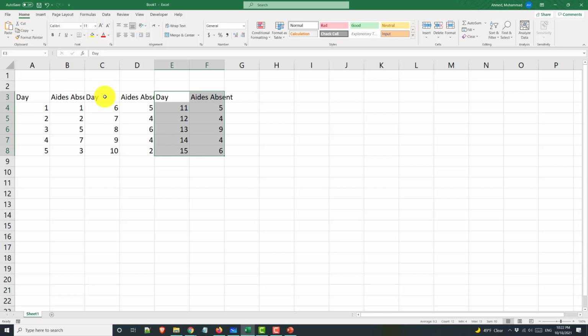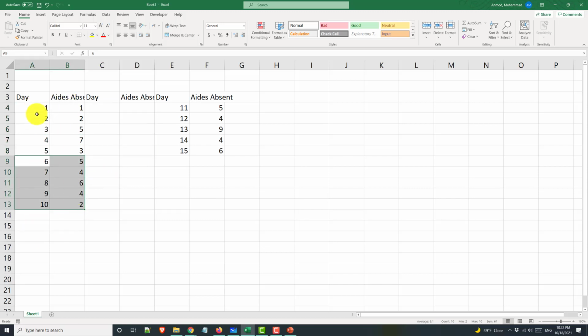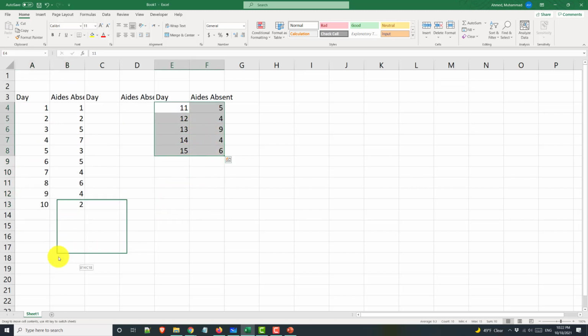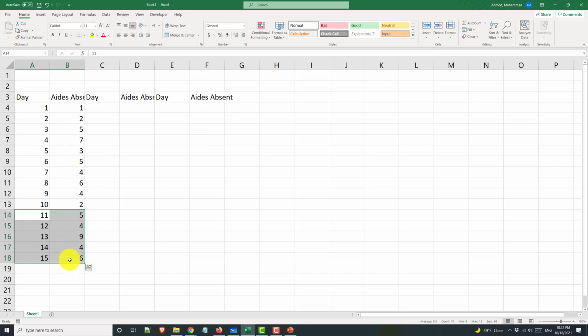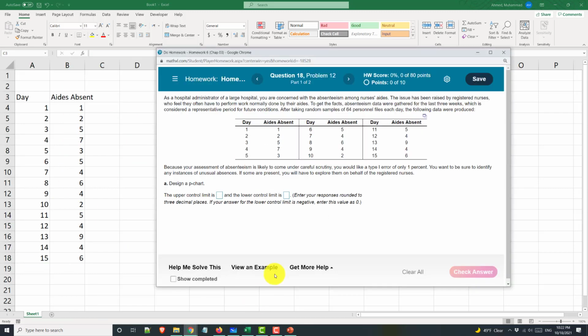It's been moved around so that originally the data was like this, right? Just two columns, day and how many people are absent. But it was moved around to the right so that it doesn't go vertically too much, and you can put it on the screen and see all of the data on the screen like this in one go.